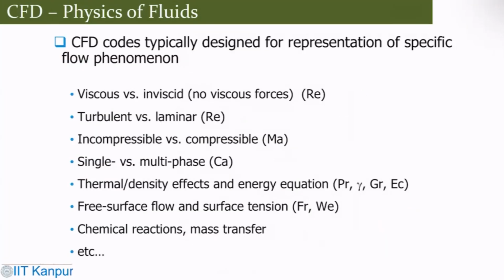So CFD codes are typically designed for specific situations. That is why the problem definition is very, very important, to know what we are going to use. There could be viscous or inviscid, laminar or turbulent, incompressible versus compressible, single versus multi-species situations.